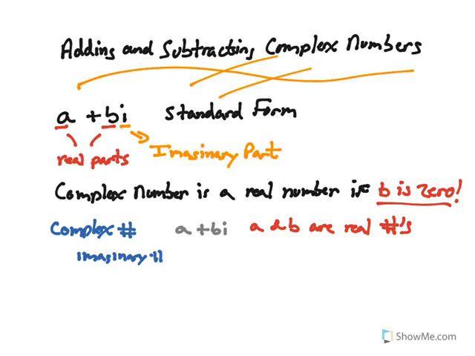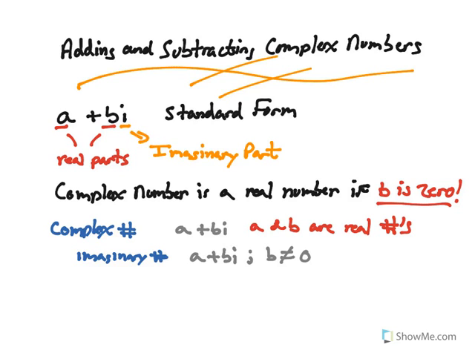An imaginary number, again, you're going to have a plus bi, where b cannot equal 0. Okay? Because if b is 0, then you just have a constant, right? That's no longer imaginary.